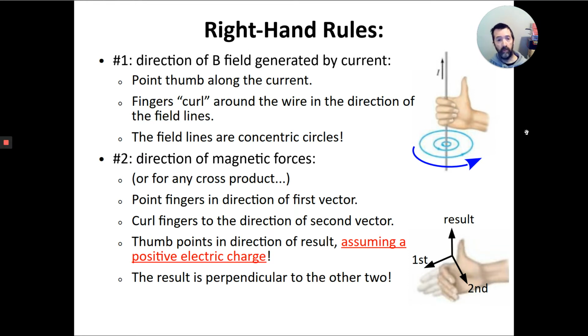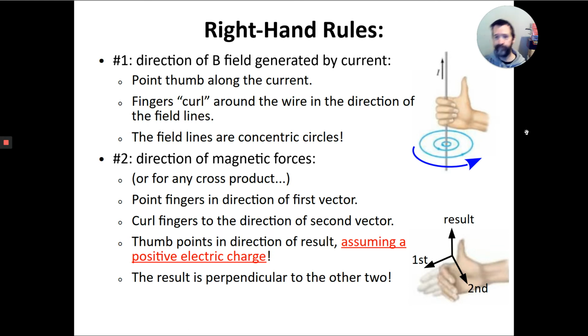So to recap, the idea with that right-hand rule is that as long as you're using your right hand, this time I have my camera not mirrored, so it should look correct for you. If you let your thumb point in the direction of the current, whatever that is, then the direction that your curled fingers go when you make a fist is going to tell you the directions of the magnetic field vectors.